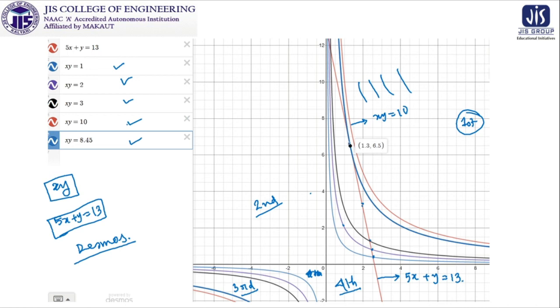This is the straight line where we are having the tangent of this particular thing, and we are having only one point which cuts, and the point is 1.3 and 6.5. What is 1.3? 1.3 is nothing but 13 by 10. And what is 6.5? It is nothing but 13 by 2. The points what we get in the previous calculation by following the process, I am trying to make it pictorially presentable in front of you, and what is the geometry behind that.